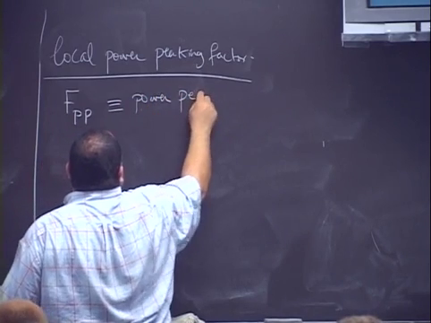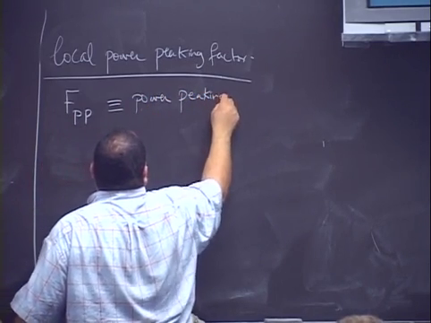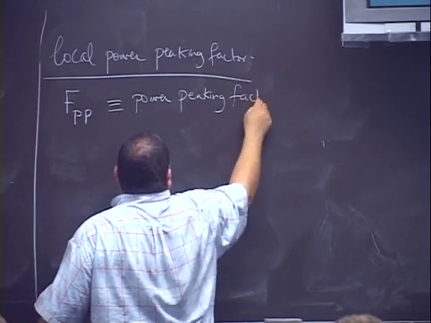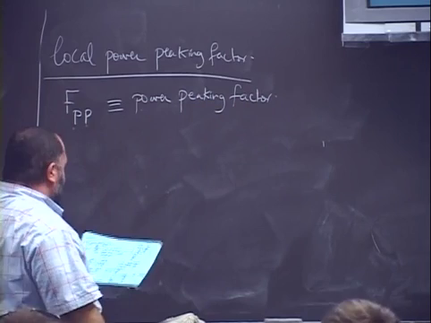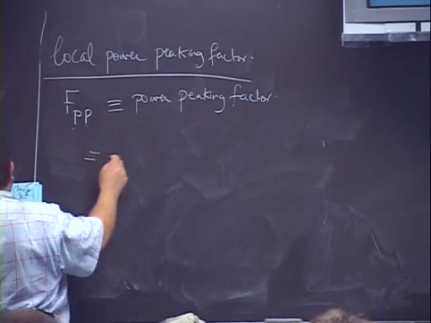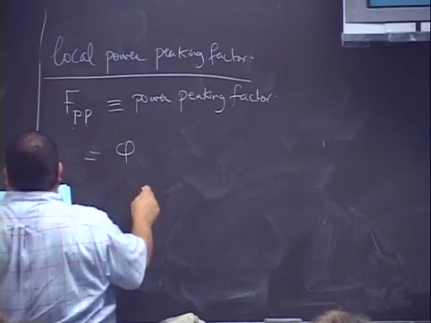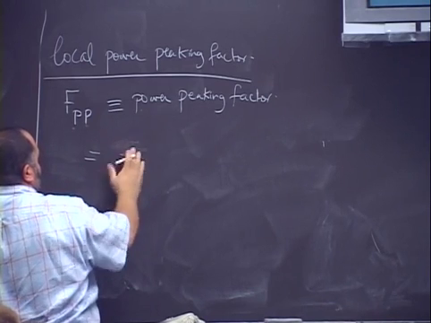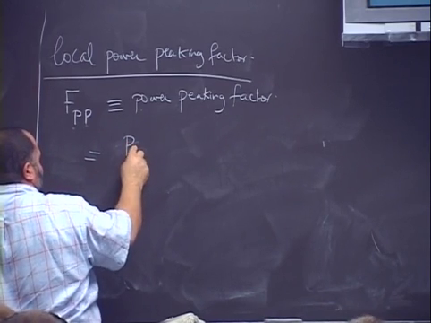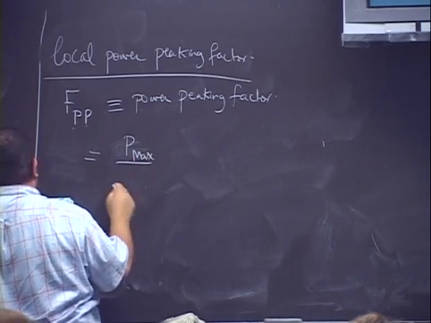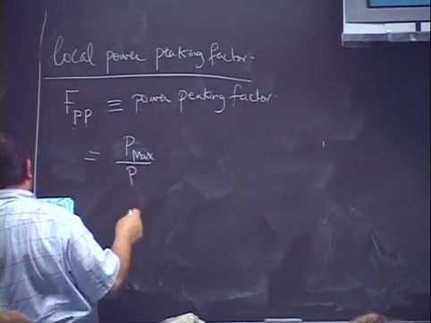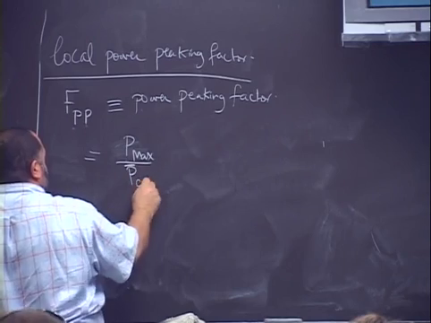F is a factor, PP is power peaking. So the FPP is just equal to the maximum flux or maximum power, we'll show that it is the same, maximum power, for example, in the cell divided by the average power.